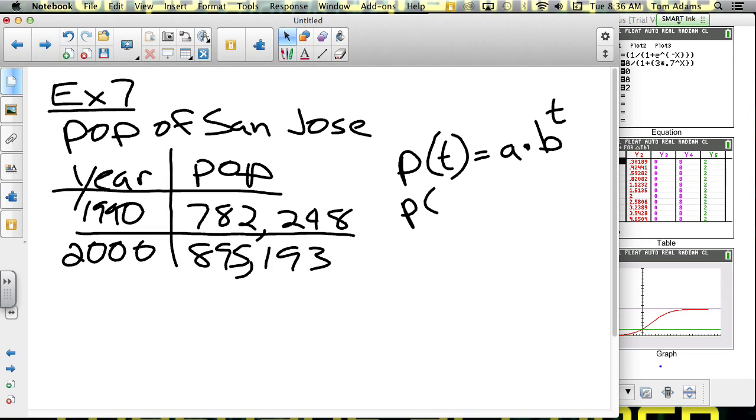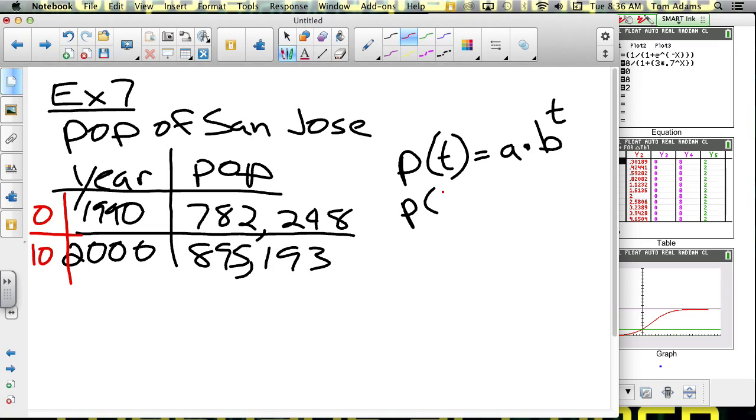It doesn't matter. Mathematically, it still should sort of work out. So we could think of this as 0, and if I make that 0, what would the year 2000 be? 10 years later, right? Now, it doesn't matter. You just have to remember how it translates, because your functions will look different. So I'm going to stick to the book.